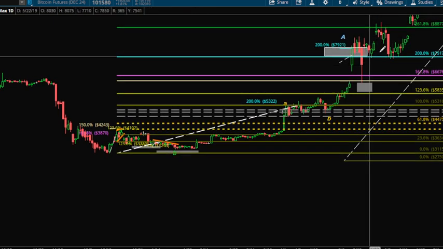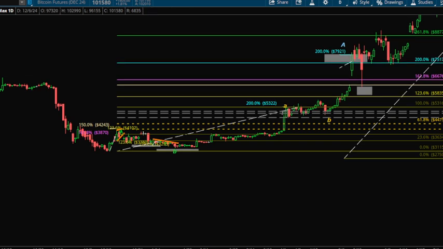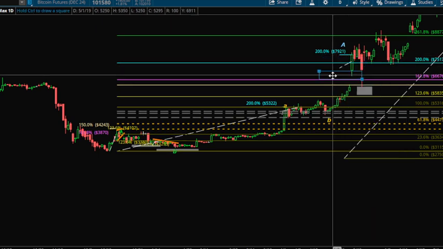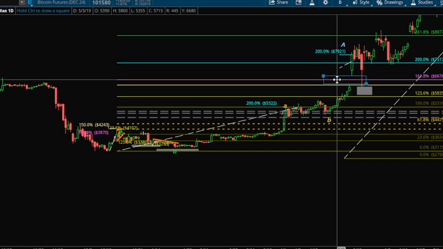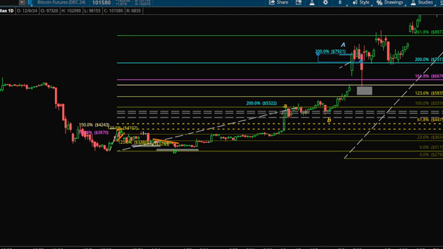Okay, so our consolidation is in between the 200 and the 261.8. See this square? This is a measurement of the gap. Let me zoom in here.